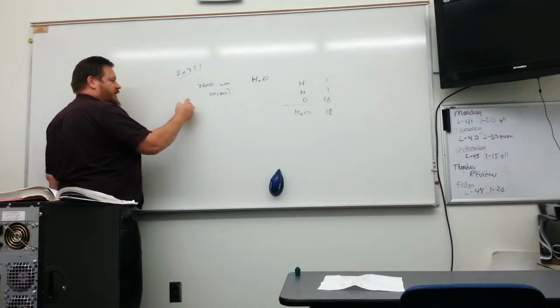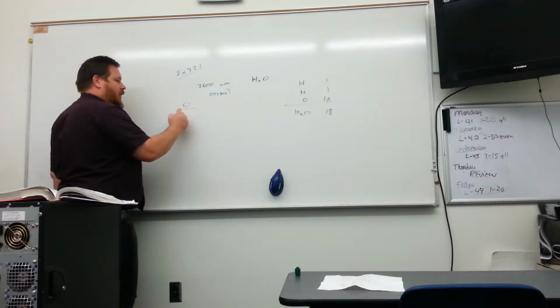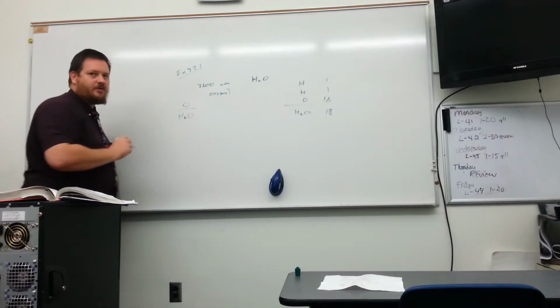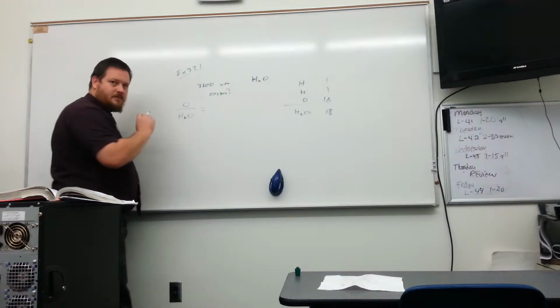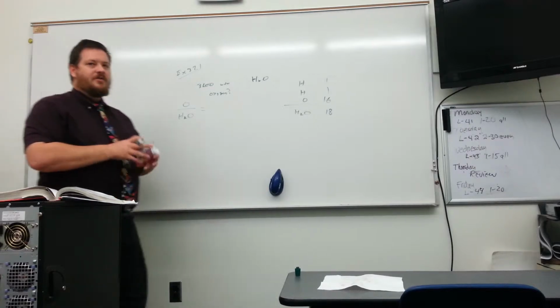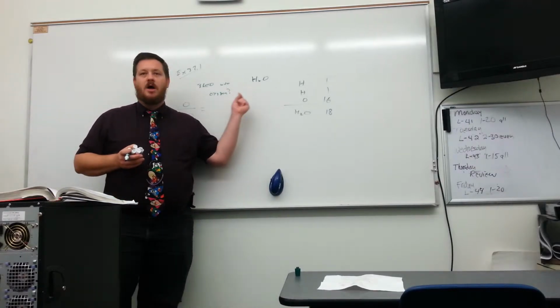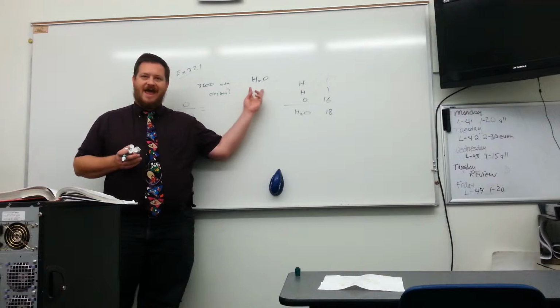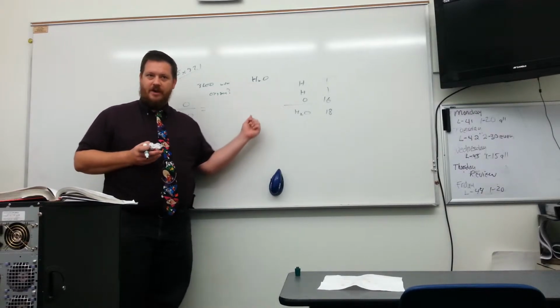Well, we can do the ratio of oxygen to water. What's the ratio of oxygen to water? 2 to 1. No. The ratio of hydrogen atoms to oxygen atoms in the water molecule is 2 to 1.